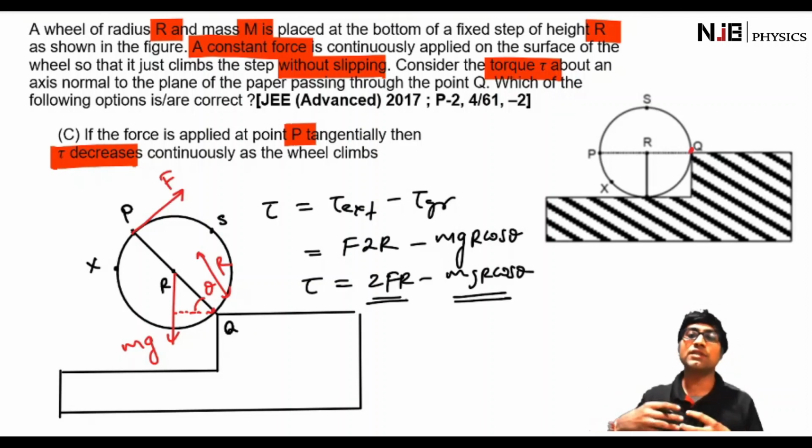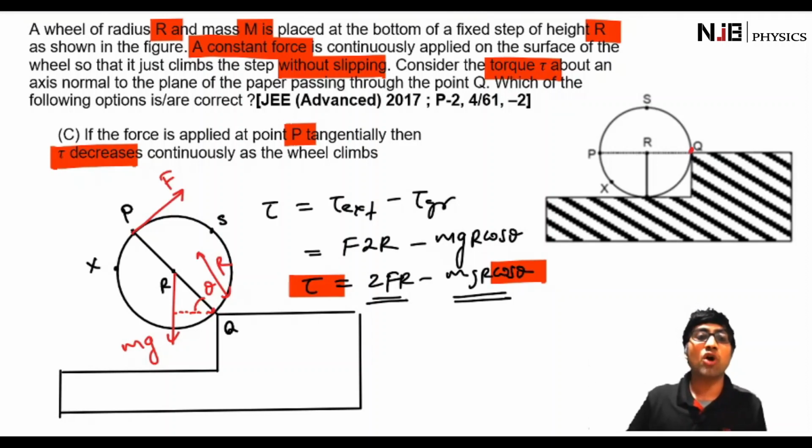So as the disk is rotating and climbing up the stairs, this angle theta is going to increase, and if the angle theta is increasing, this cos theta will decrease, and thereby the second term is going to decrease. So if the second term is decreasing, that means the torque is going to increase. Whereas in this option they are saying that the torque decreases, and this is the reason why this option is going to be the incorrect one.